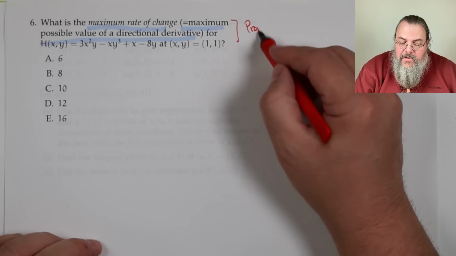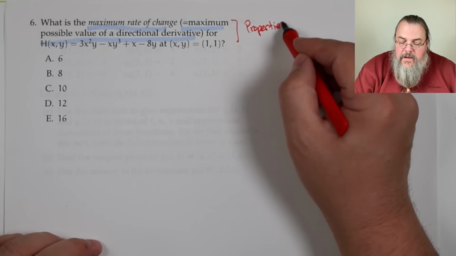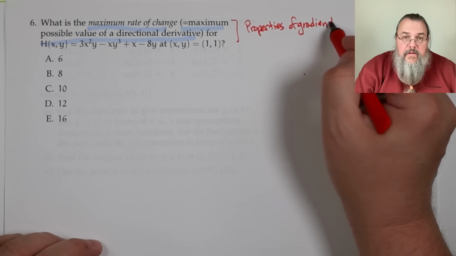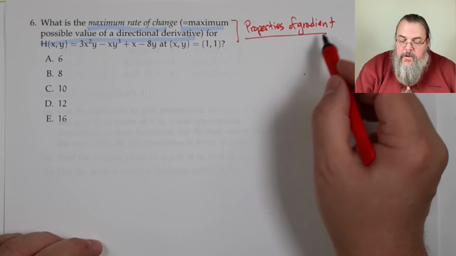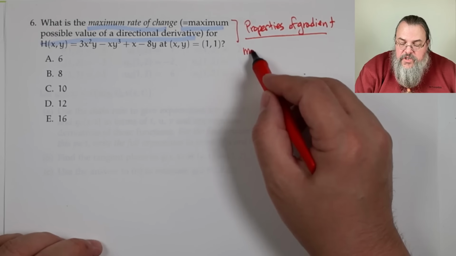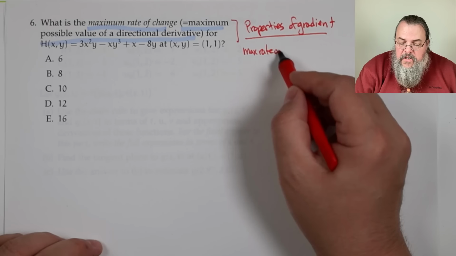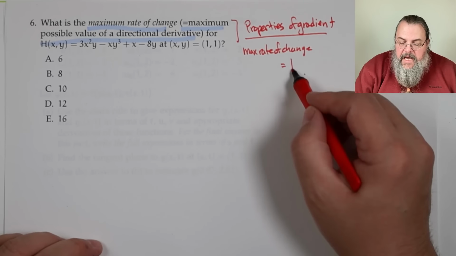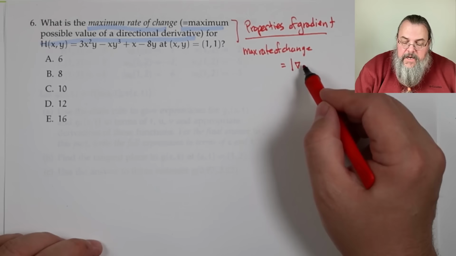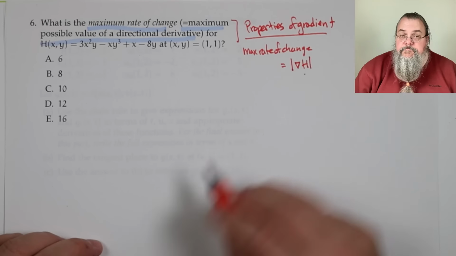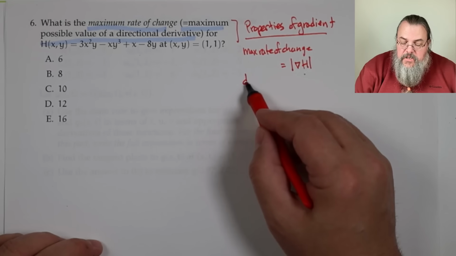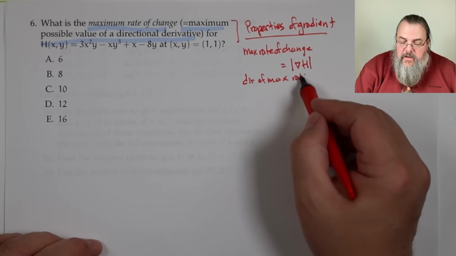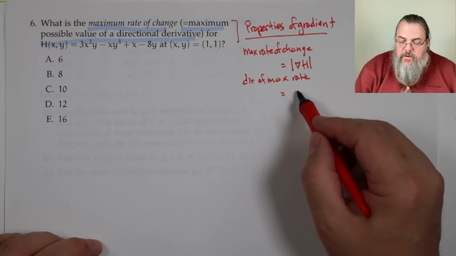All right, so what are the properties of the gradient, since it seems to want to ask us about that? Well, the max rate of change is equal to the magnitude of the gradient. The direction of max rate, well, that's equal to the gradient.